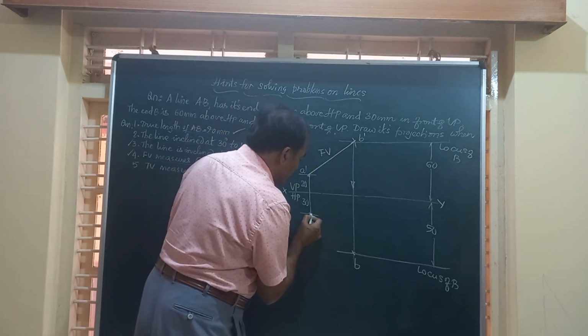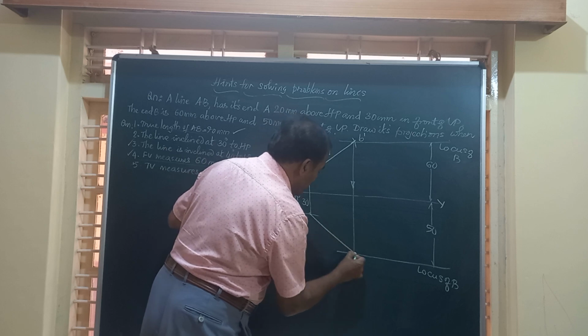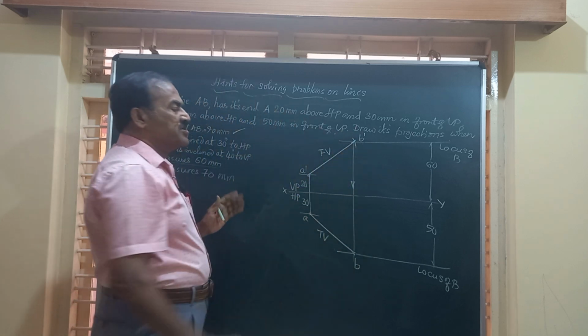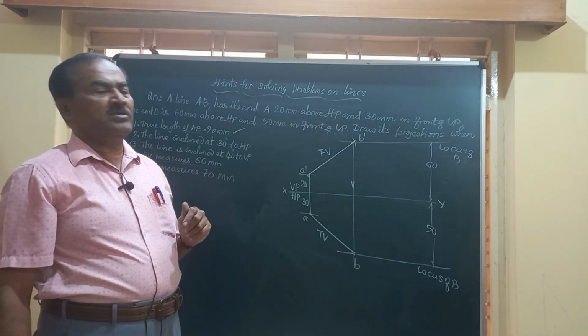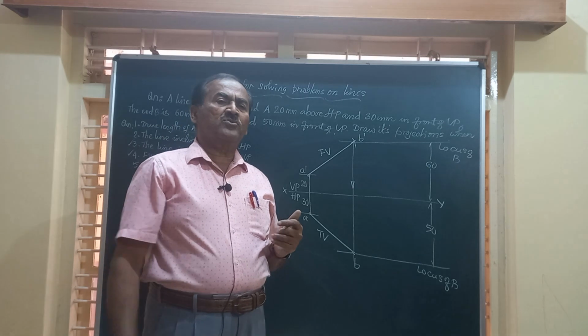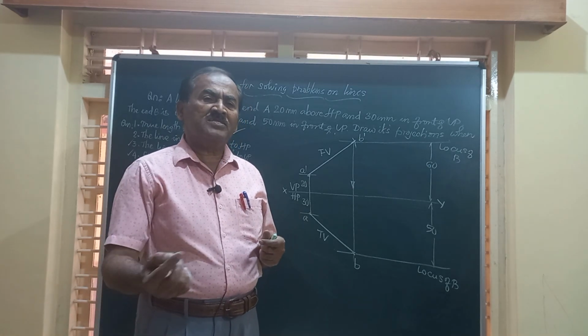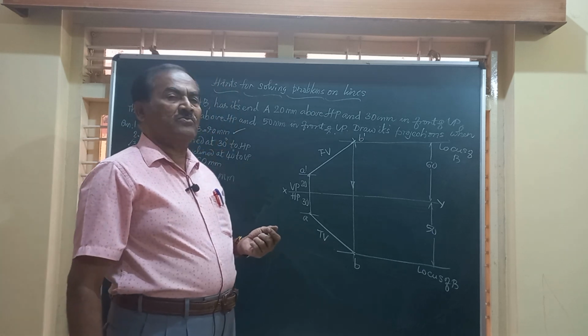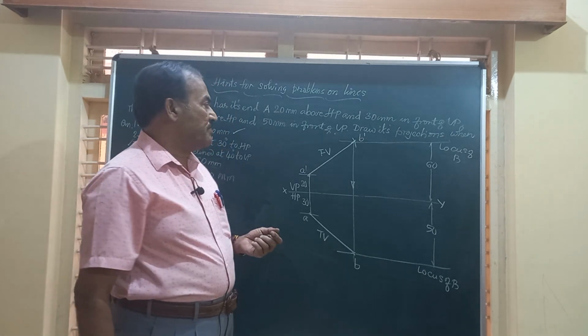Join A and B, you get AB, the top view of the line. So this is the information given in the question. Now with this, we should be able to obtain the true length of the line, the angle made by the line with HP, the angle made by the line with VP, and the DEP.